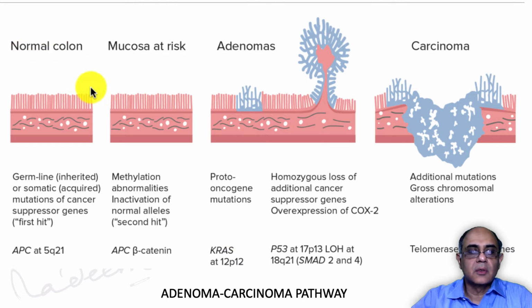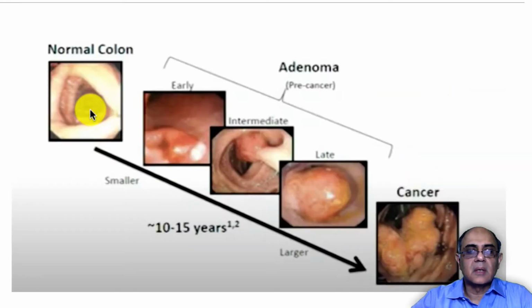It starts from the normal colon up to the carcinoma with invasiveness because of P53 mutation, and this is the APC protein which is present, which is later followed by KRAS, which acts as a signal for these oncomutations, and then later on invasiveness starts, and this is the cascade. This is another diagram showing a normal colon endoscopic view, later converting into a small pedunculated polyp.